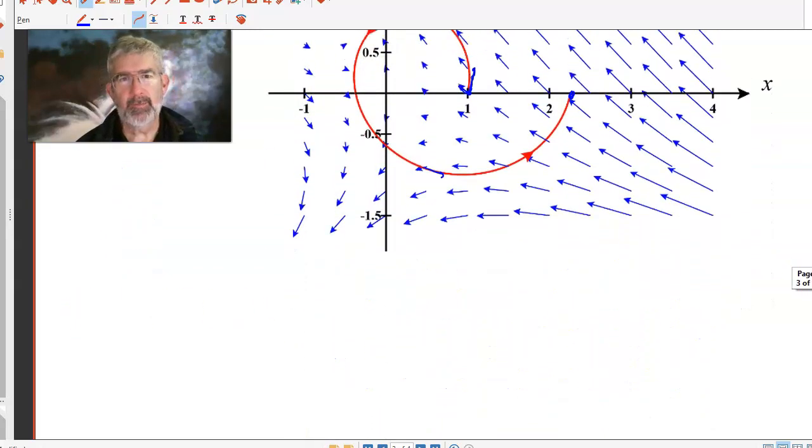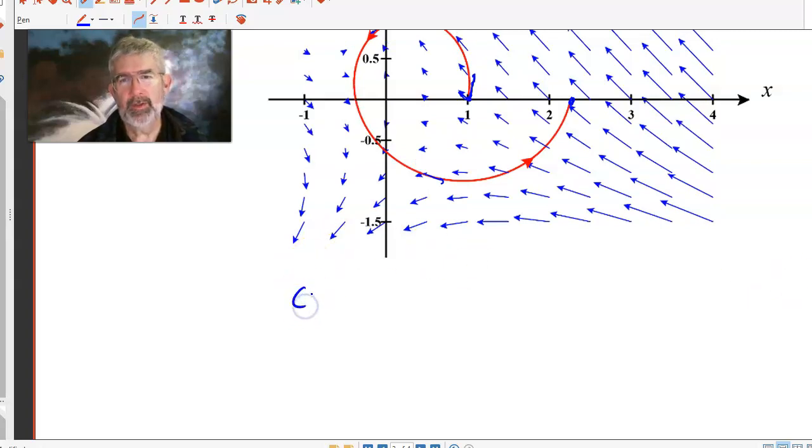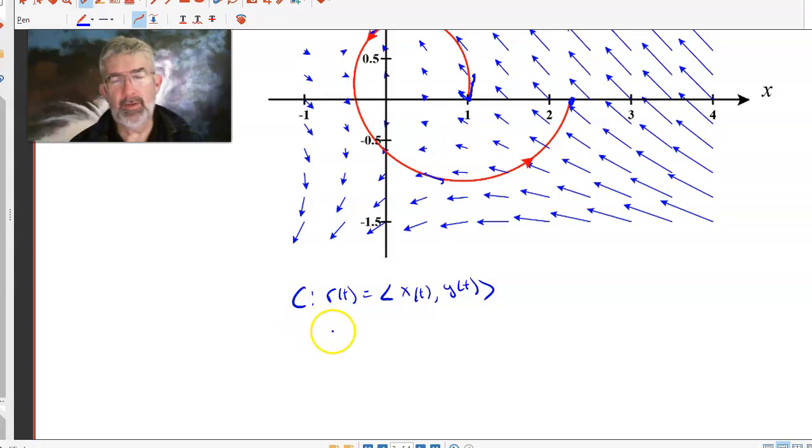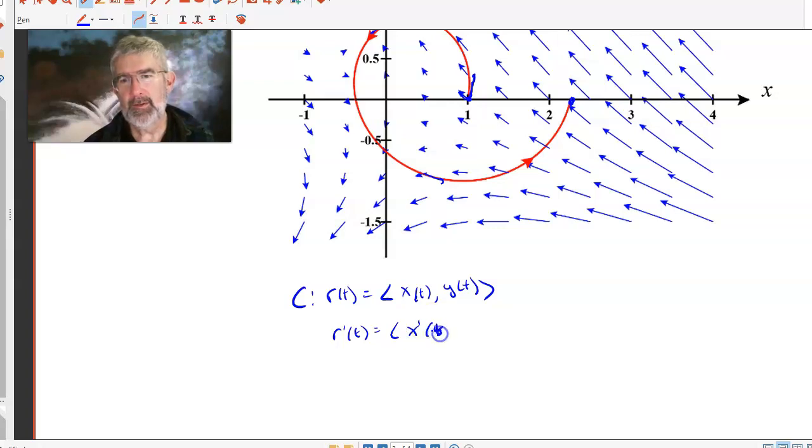If we have the curve being described parametrically, and I'm just in 2D here, so this is x of t, y of t, then the derivative vector we saw back in Calc 3, x prime of t, y prime of t, is the tangent vector. That vector here would be r prime.